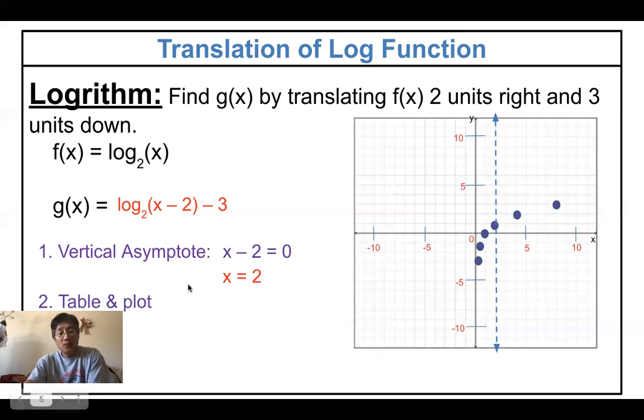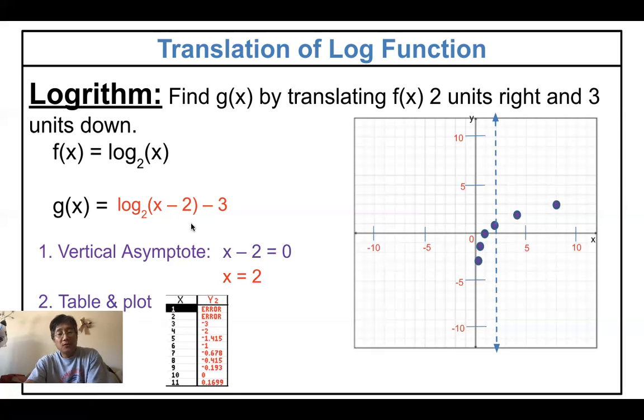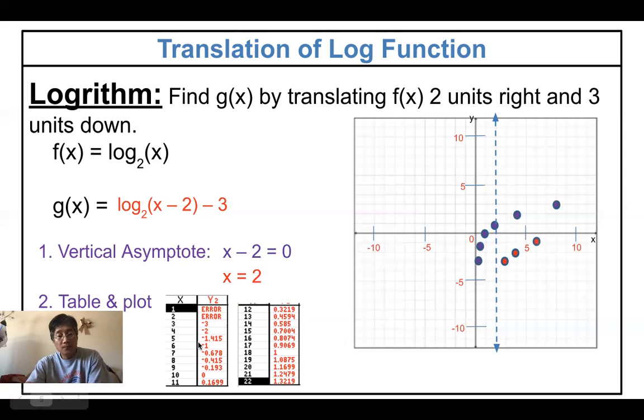And then we put this function into the calculator, look at the table, and plot the points, right? This is the second part. Plot the points (3, negative 3), (4, negative 2), (5, negative 1), and (6, negative 1), not the 5. And then (10, 0).